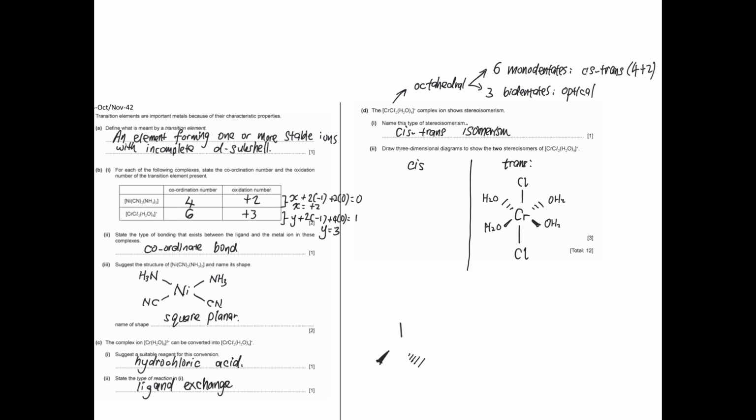The chlorine is the main focus. They are opposite from each other, so that is trans. For cis, just make them side by side. For example, chlorine, and the rest is H2O. So that is how we do cis trans. And we have settled these questions already.